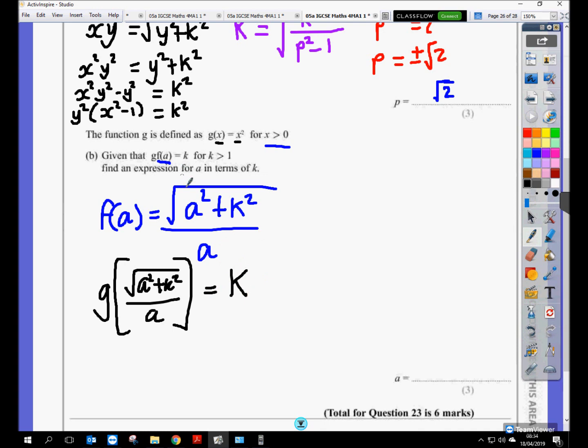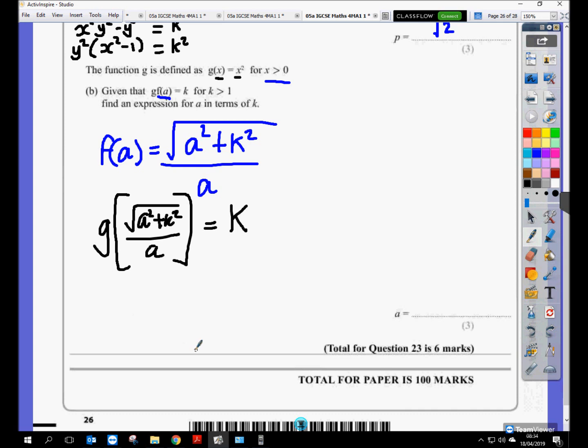They set it equal to k. So what do I need to do? Let's look at the left-hand side. It tells me to do g of this. Now, the g function is x squared. So remember, what's inside this square bracket is my new x. So I replace x with this. So it's root a squared plus k squared over a, all squared, and that equals k.